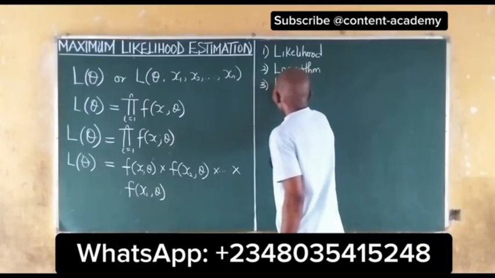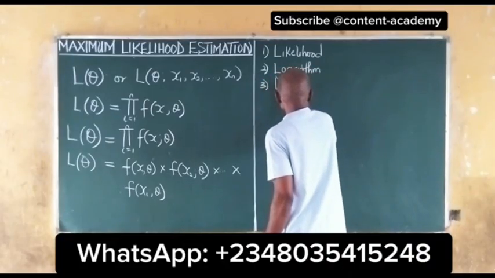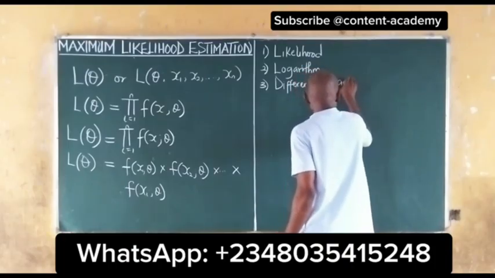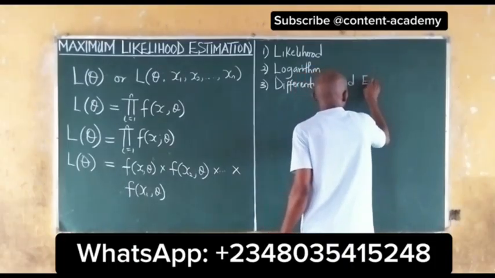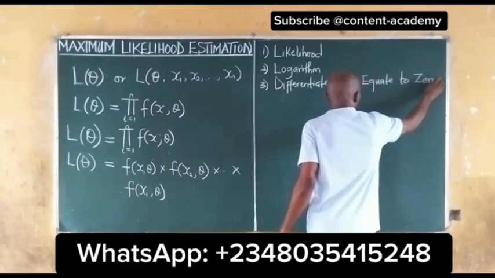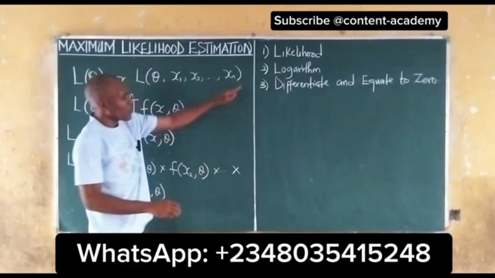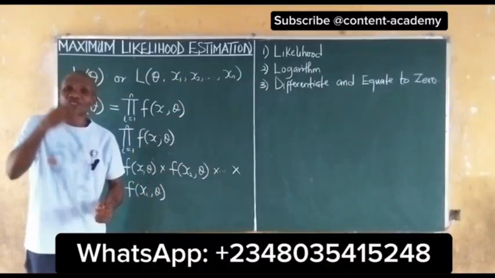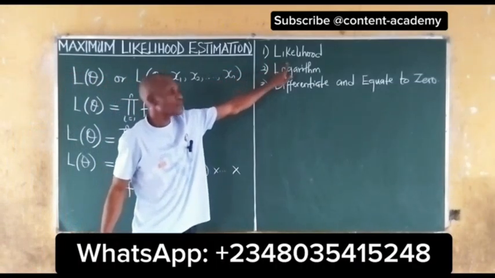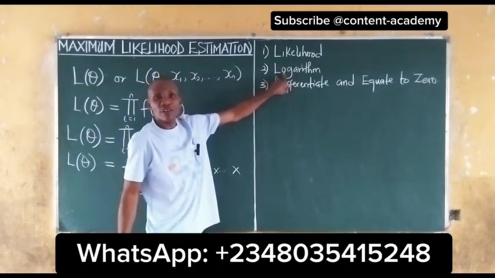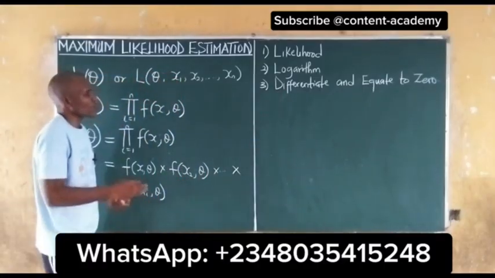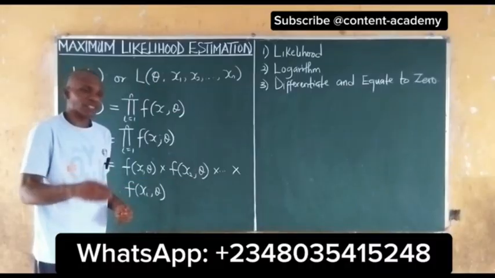The third one is to differentiate and equate to 0. So this is how we can obtain the maximum likelihood estimate of any given distribution. You take the likelihood function, you take the logarithm, you differentiate and you equate to 0. Once you do that, you have succeeded in getting the maximum likelihood estimate.